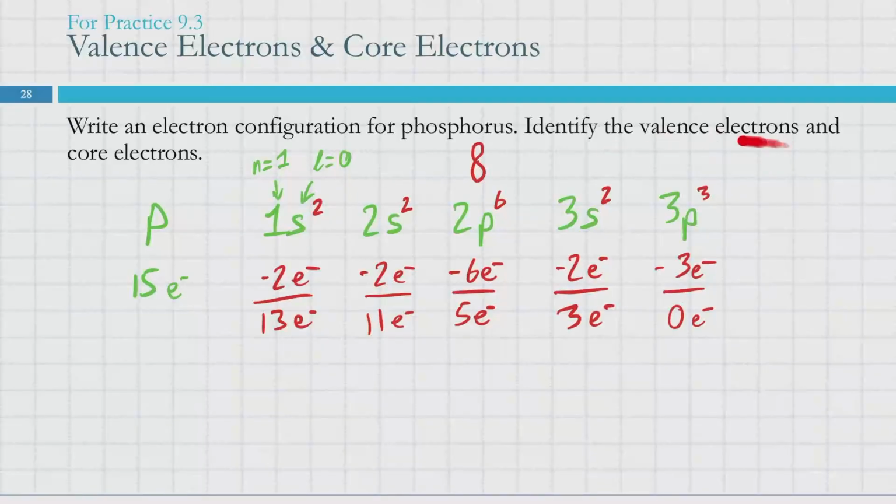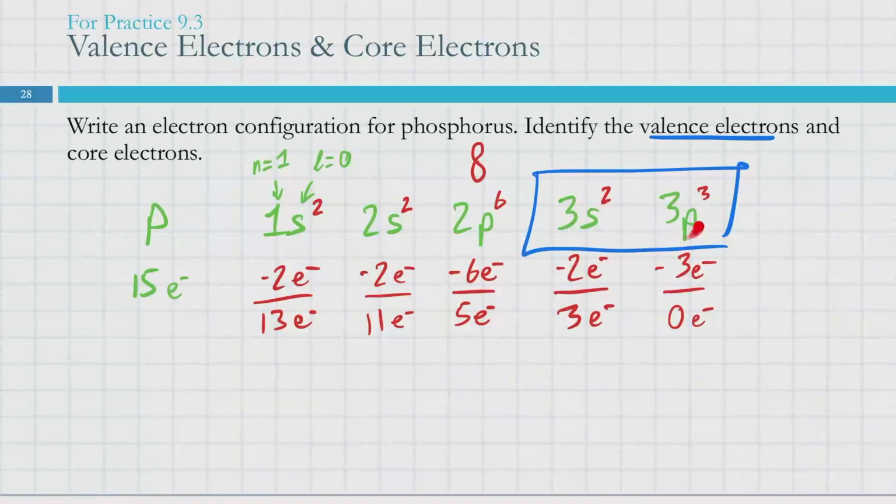And then we want to identify the valence electrons and core electrons. So our valence electrons are going to be our electrons that are in 3s and 3p, since the n equals 3 is our highest level shell. So 2 plus 3, we've got 5 valence electrons.